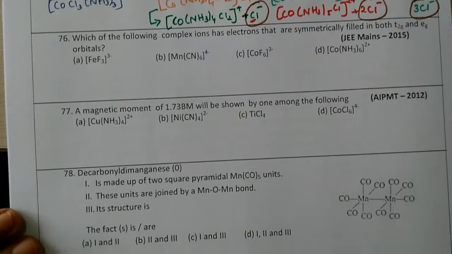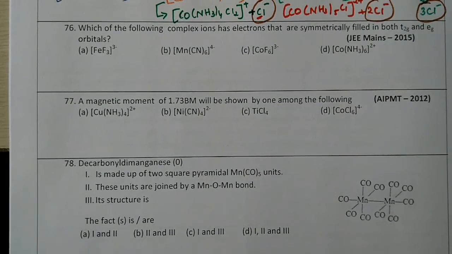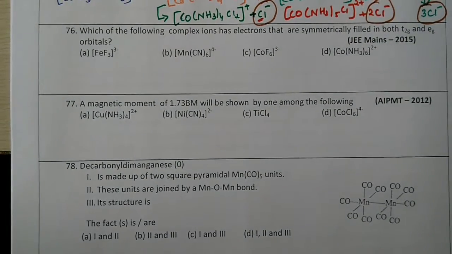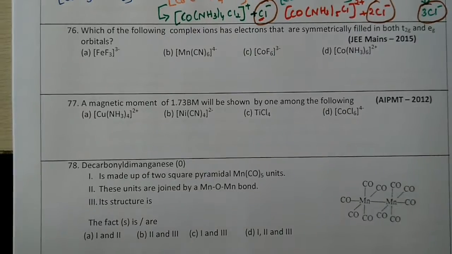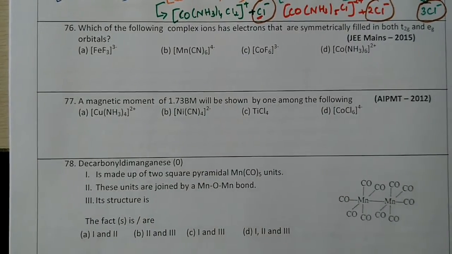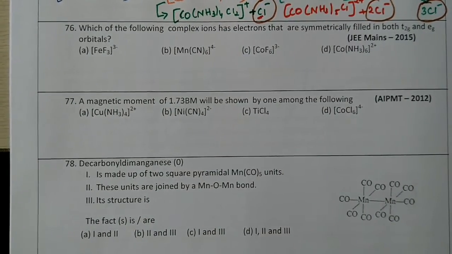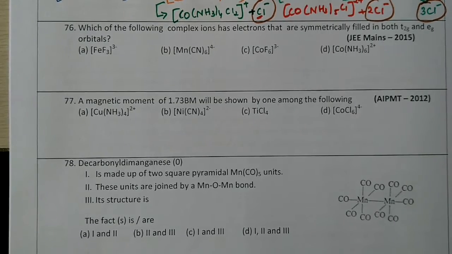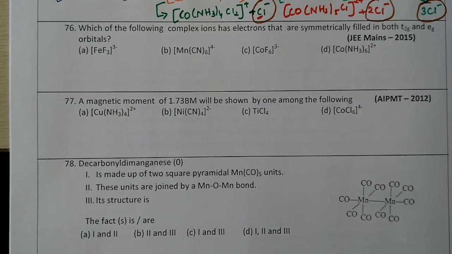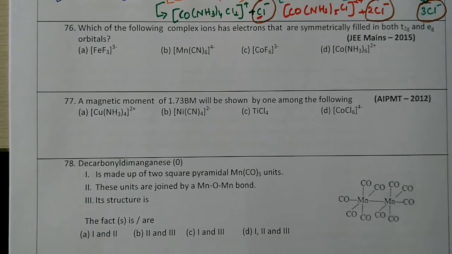Option A. Next question, we'll move on to: which of the following complex ions has electrons that are symmetrically filled in both the t2g and eg sets? Symmetrically filled in the sense they should be equal in number. In all the orbitals it should be equal. Either it may be paired or unpaired, but the filling should be in a similar pattern.